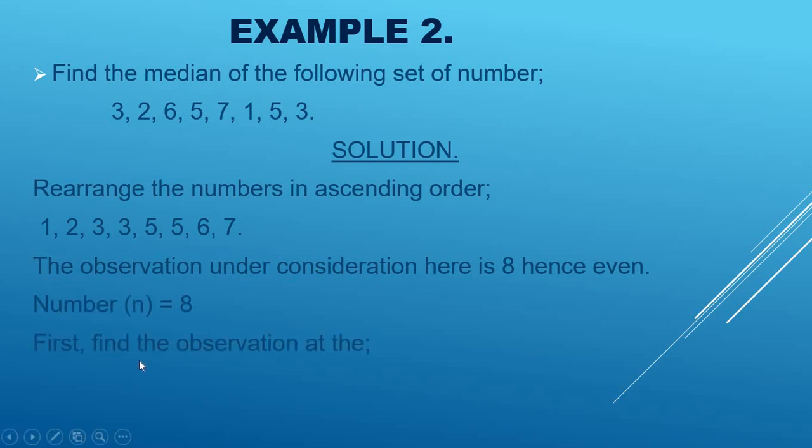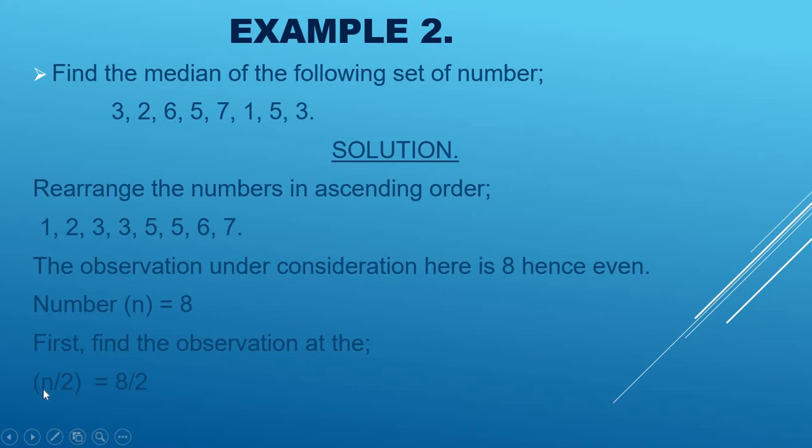Since it's even, we'll be checking for the observations at 2 positions, and the numbers at those 2 positions, we'll use them and calculate the mean of it, and that mean will be the median of this set of numbers that have been given to us.